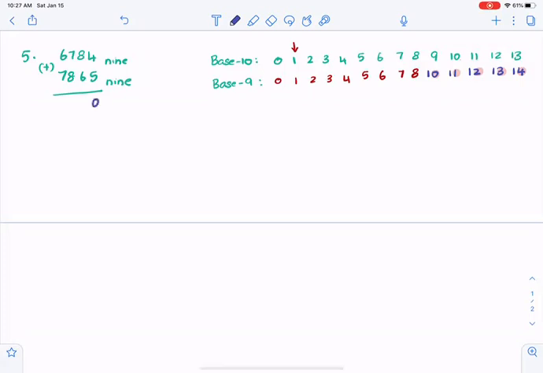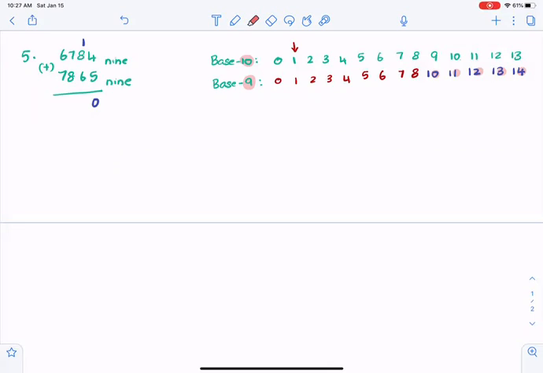So 0, 1. 8 plus 6, 14, and I'll have 15. So naturally, I have up to 13. You can see 13 base 10 became 14 in base 9. You went down in base here. You went up in the corresponding number.